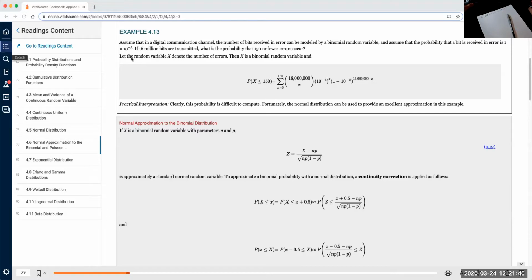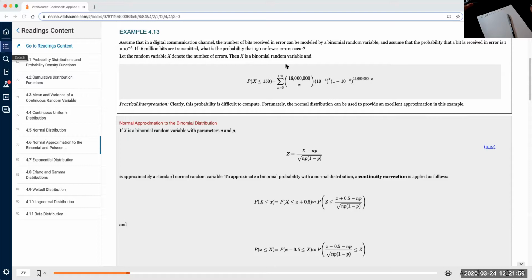Let the random variable X denote the number of errors. I know it sounds weird, but let's say the number of successes in this problem means the number of errors. Then X is a binomial random variable, right?